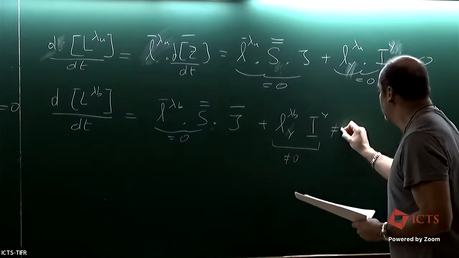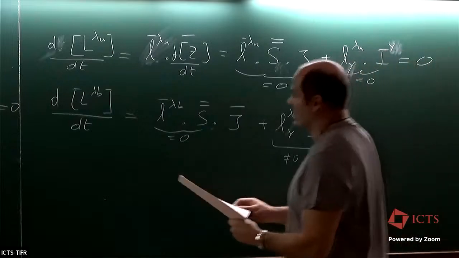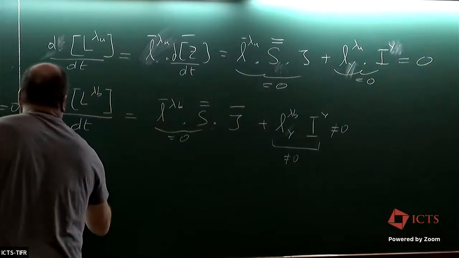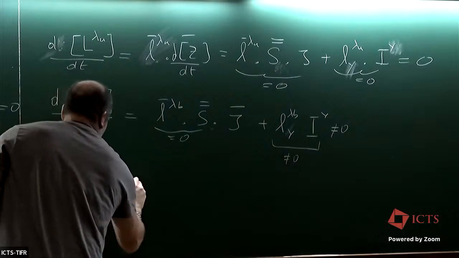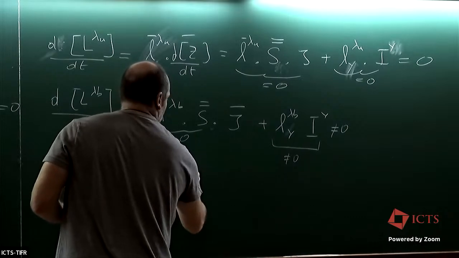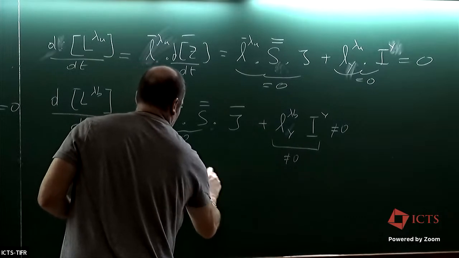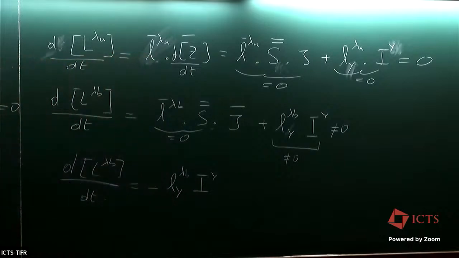So this is different than 0. And so, if you want, the balance equation is that the way in which this conservation law changes is by minus L_Y lambda B I Y. And we can now look at our model application.